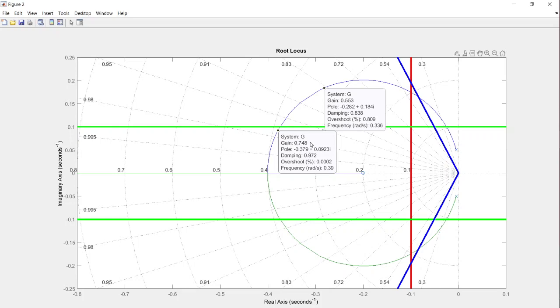So what we are doing is we are substituting this pole in 1 by g of s, and calculating the magnitude, so that we will get the gain value if you are doing it theoretically. So that's how we get the controller gain k by using the root locus method.